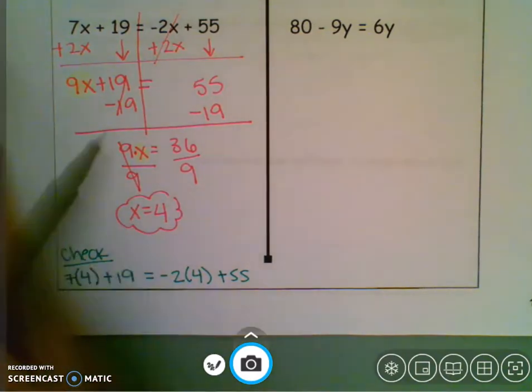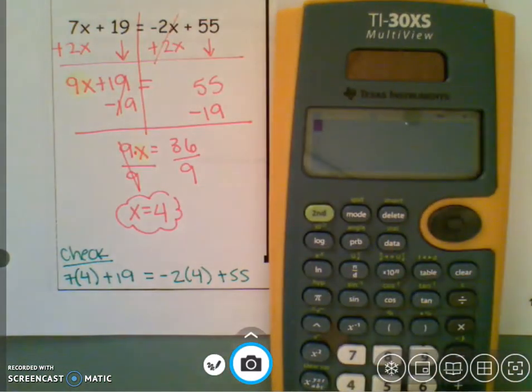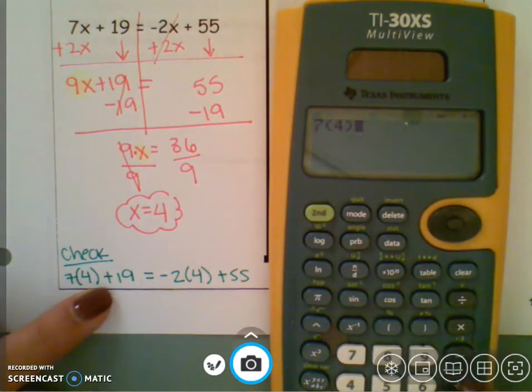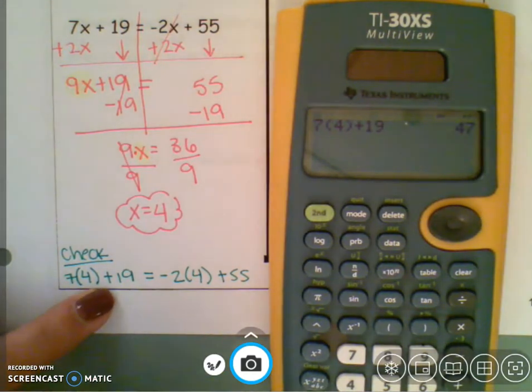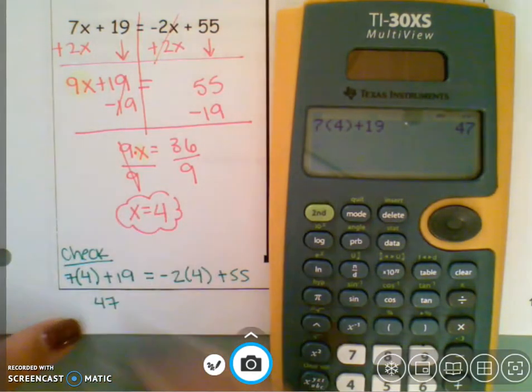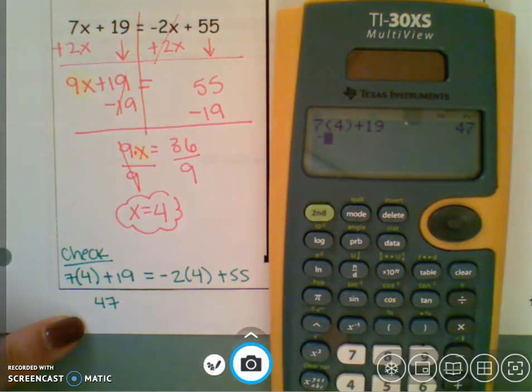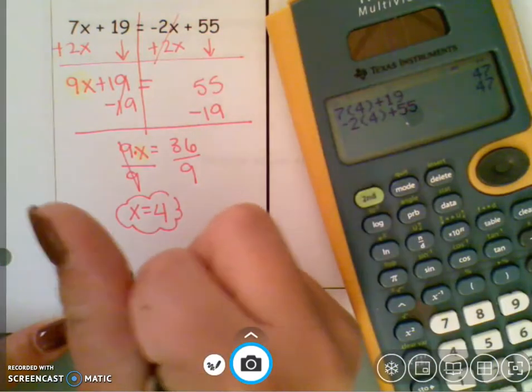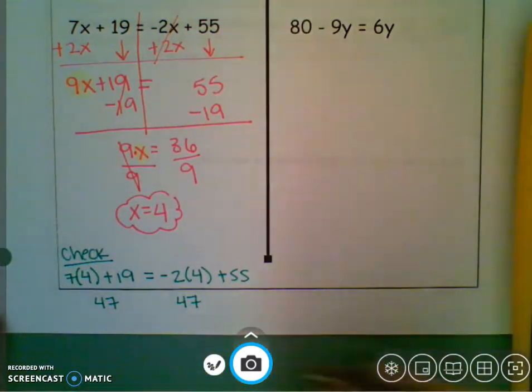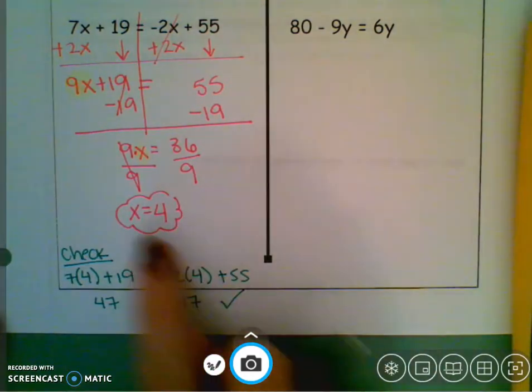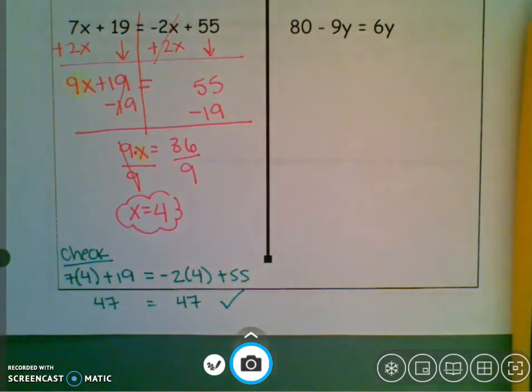So if I plug this into my calculator, 7 times 4 plus 19, I get 47. So this left side is equal to 47, and the right side, plus 55, is also equal to 47. So since both sides are equal, my solution of x equals 4 works.